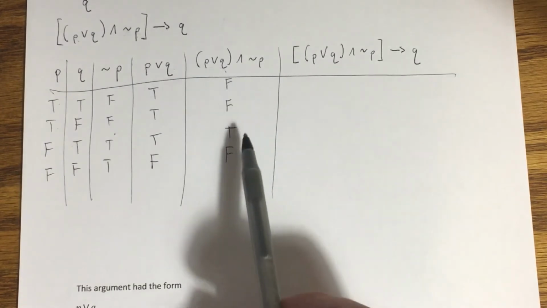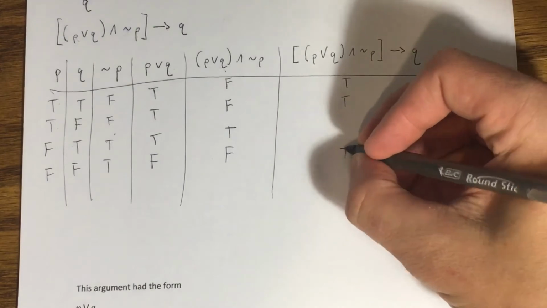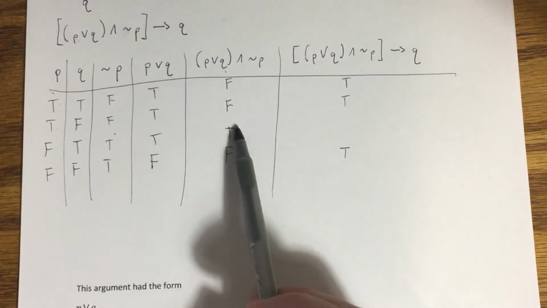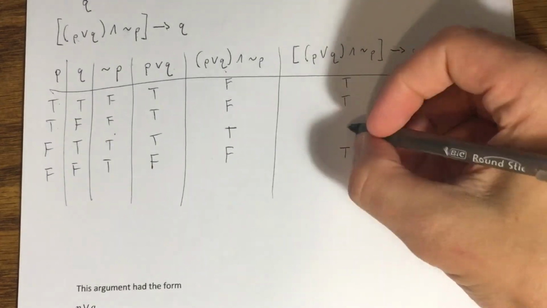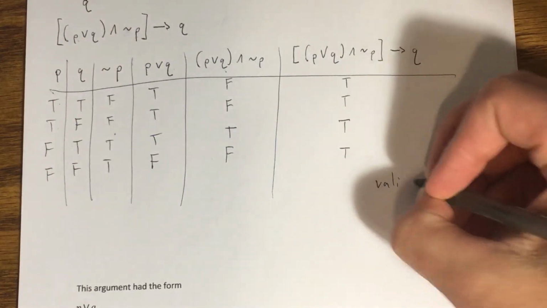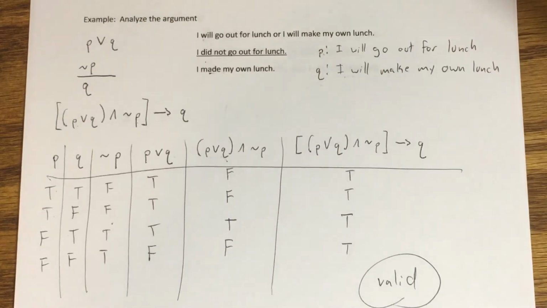The antecedent is false in three cases, and we know that gives us a truth value of true in all of those cases. And then here I have true implies true. The conditional will also be true in that case. Notice it's a tautology, so that means that we have a valid argument.